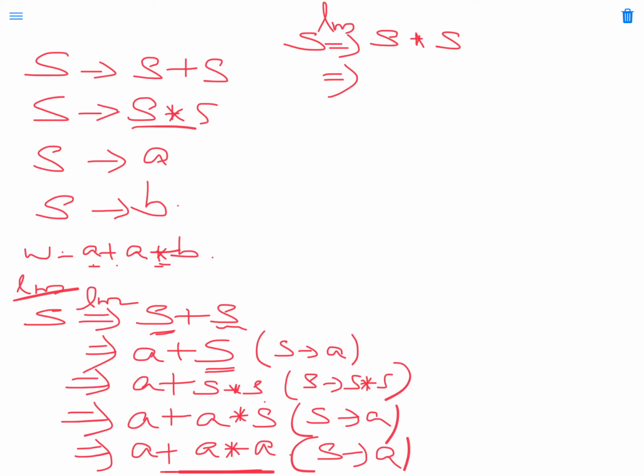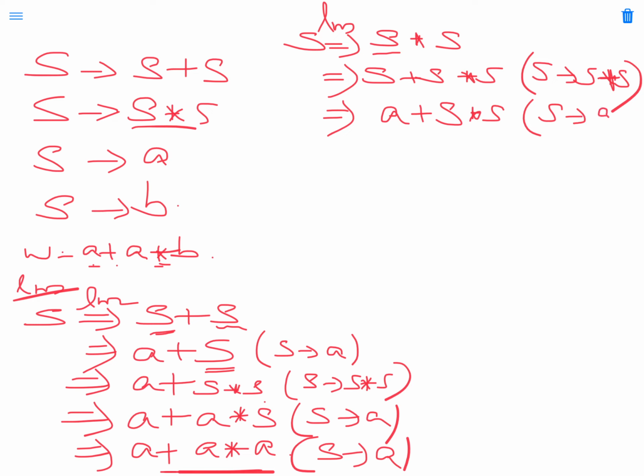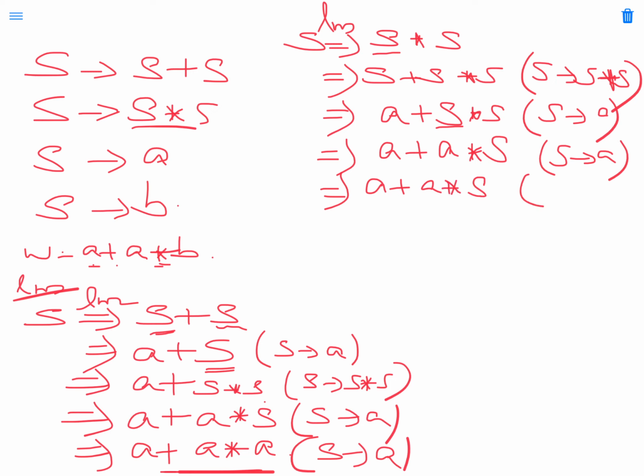And replacing the leftmost non-terminal, S gives S plus S, S star S. Then S gives A, A plus S star S. Leftmost non-terminal: A plus A star S, sorry, A plus A star A. So here you can see that there exists more than one leftmost derivation for this string A plus A star A. By applying the productions in a different order, you got more than one leftmost derivation.